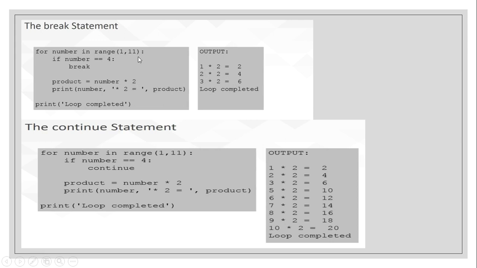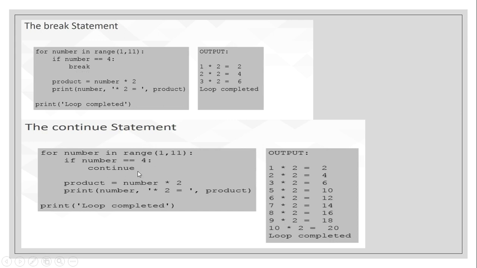But if you see the range we have given till 10, when I said 11 minus 1 equal to 10, right? So it was supposed to print 10 times the multiples of 2, but here it has exited on the fourth position. Why? Because we mentioned that the moment it reaches 4, please break. This is how we call break.